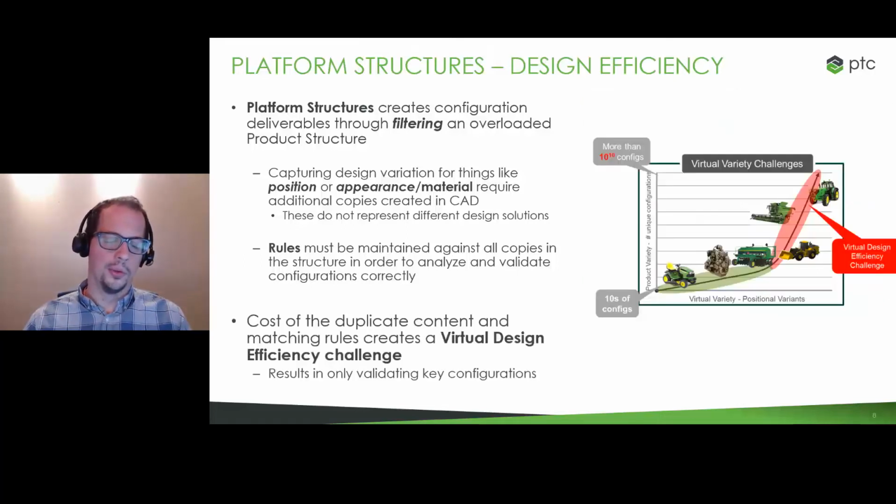This is manageable in the tens or the hundreds of configurations, but the amount of work necessary to capture every positional variation, every color variation, every geometrical variation is a lot of duplication of work, and it becomes a virtual design efficiency challenge as you get into the upper range of the configurable products, because it just takes a lot of overhead to continue to maintain that.